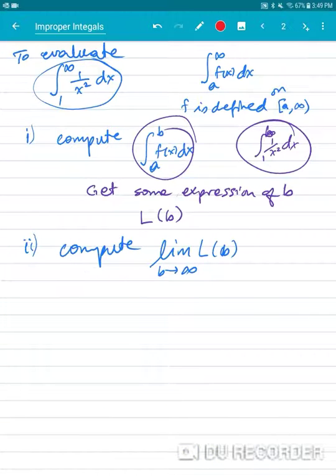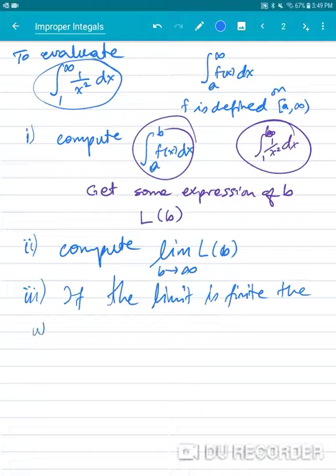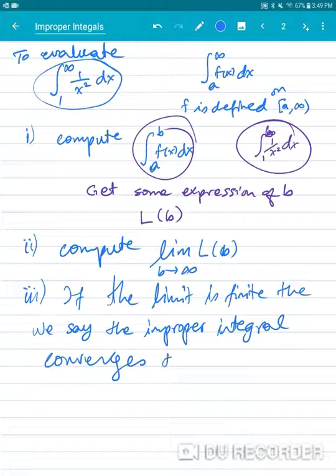So now I compute this, and then I give my final result. If this limit is finite, then I say that the improper integral converges to the limit.